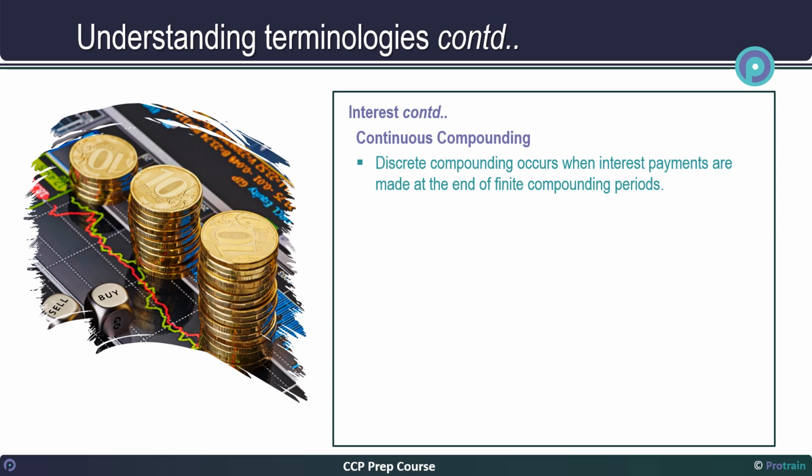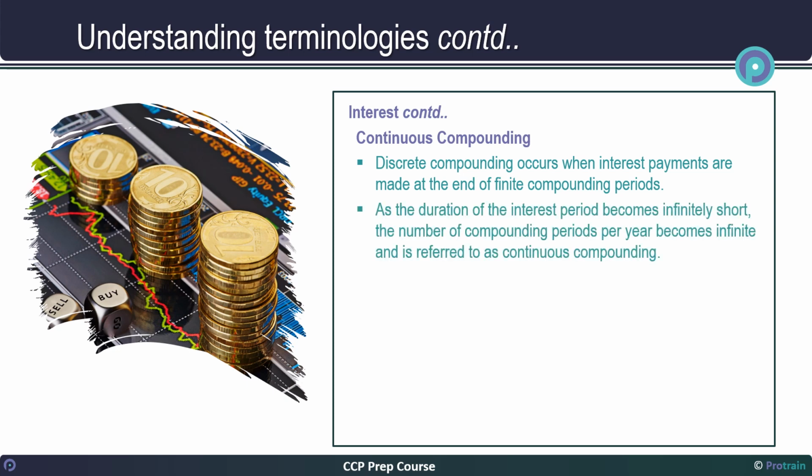Now let's talk about continuous compounding. As the duration of the interest period becomes infinitely short, the number of compounding periods per year becomes infinite and is referred to as continuous compounding.